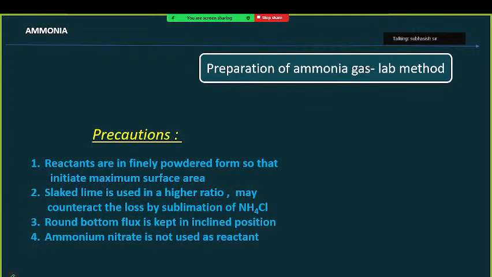Some precautions should be taken. Number one, reactants are taken in highly powdered form, because if you take large particles, then only the outer surface is reacted. The inner part of the chemical would not react.